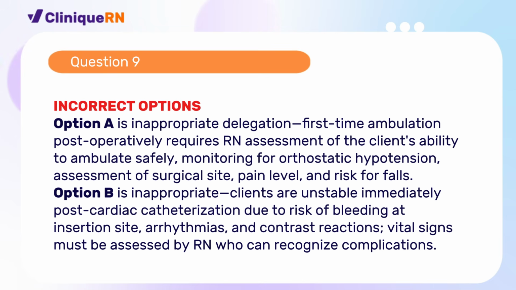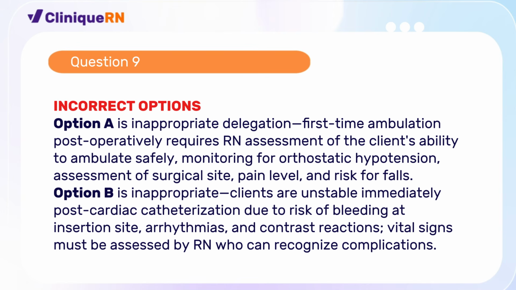First-time ambulation postoperatively requires RN assessment of the client's ability to ambulate safely, monitoring for orthostatic hypotension, assessment of the surgical site, pain level, and risk for falls. Option B is inappropriate. Clients are unstable immediately post-cardiac catheterization due to risk of bleeding at the insertion site, arrhythmias, and contrast reactions.